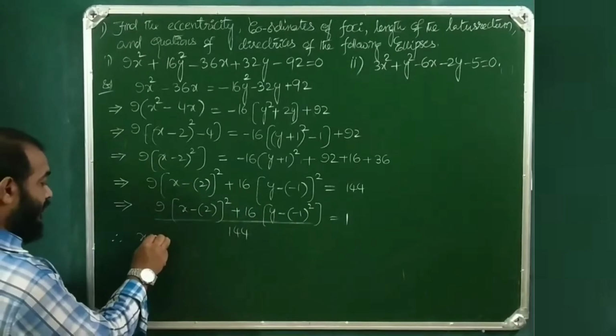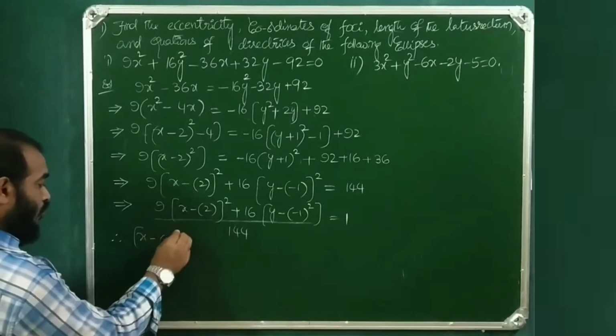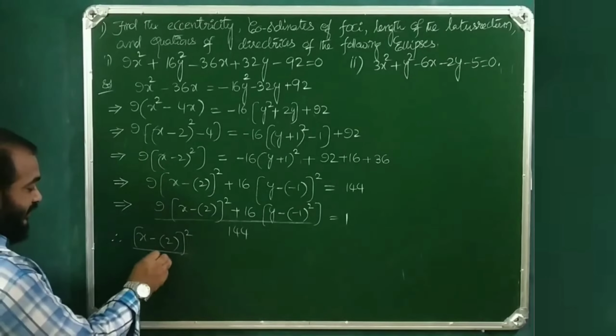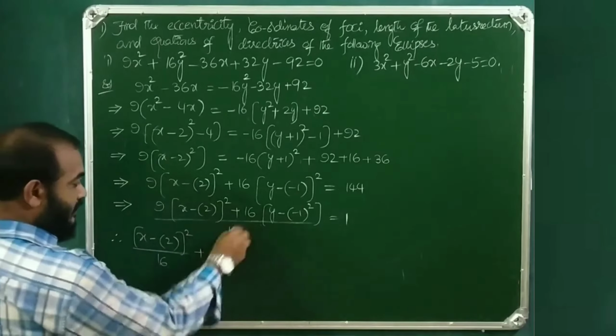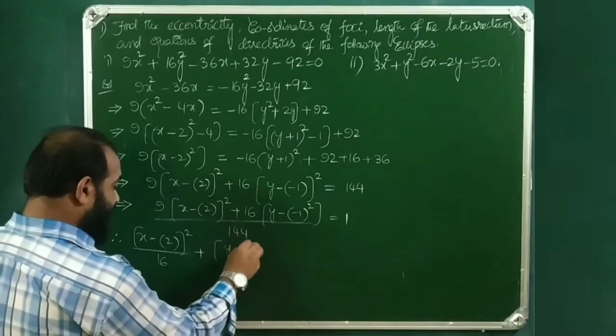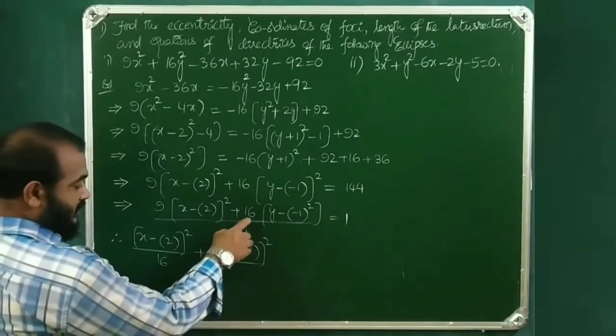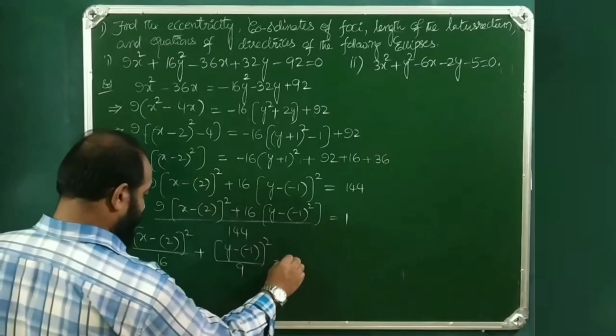This is (x − 2)²/(144/9), which is 16, plus (y − (−1))²/(144/16), which is 9, equals 1.